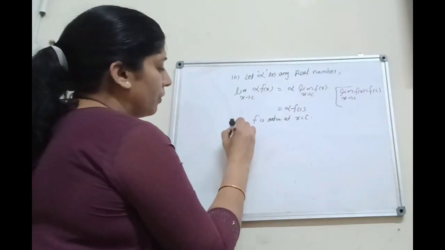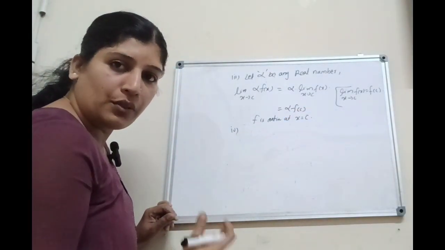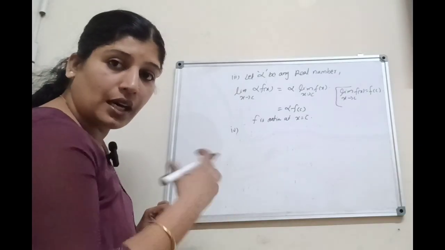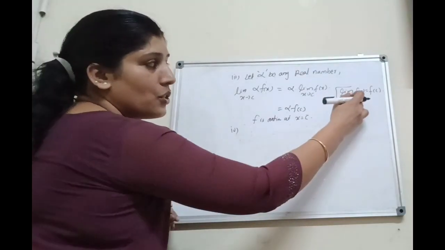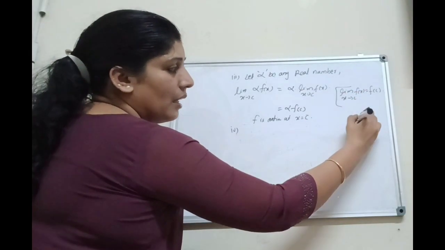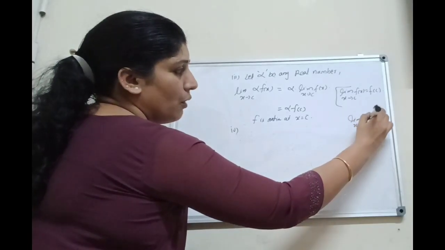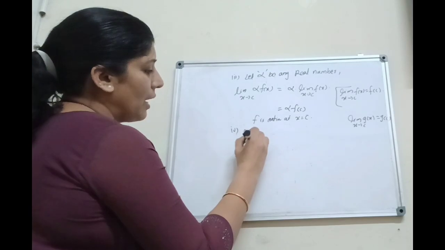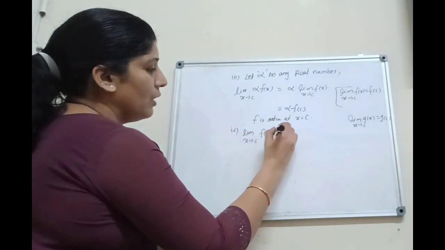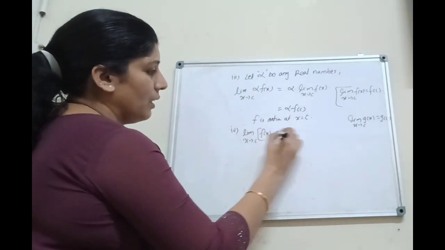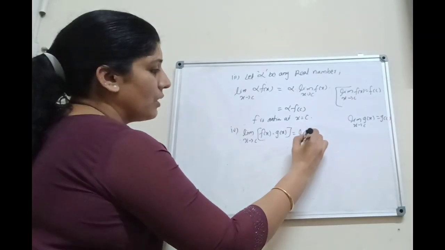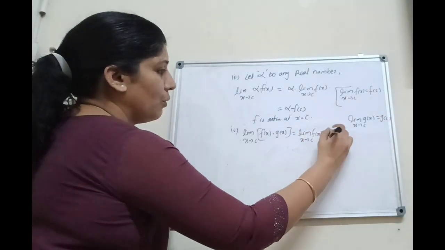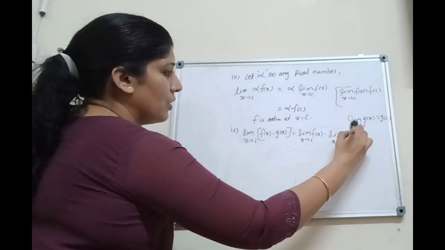Next, fourth one, f of x and g of x are two continuous functions. That is, f of x and g of x are continuous at a point c. That is limit x tends to c f of x equal to f of c and limit x tends to c g of x equal to g of c exist. Therefore, the limit x tends to c f of x into g of x is equal to limit x tends to c f of x into limit x tends to c g of x.